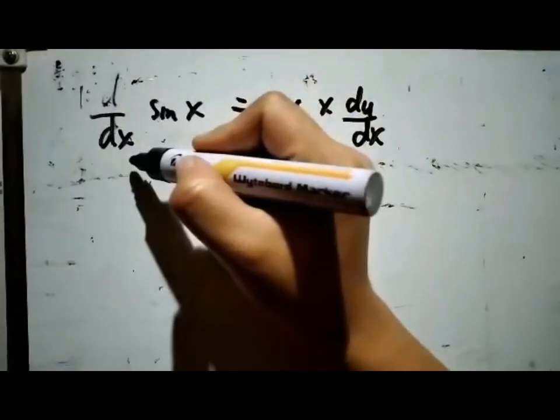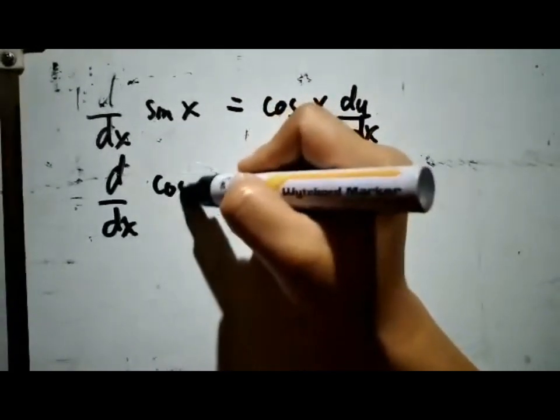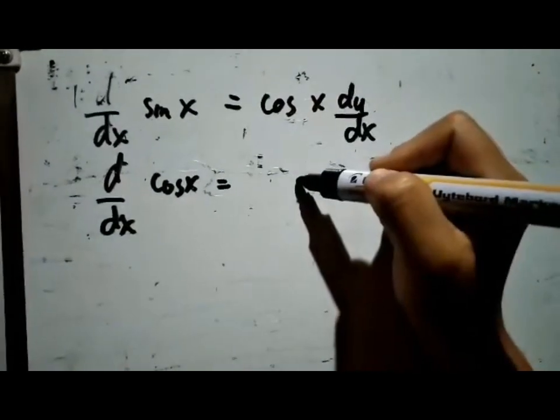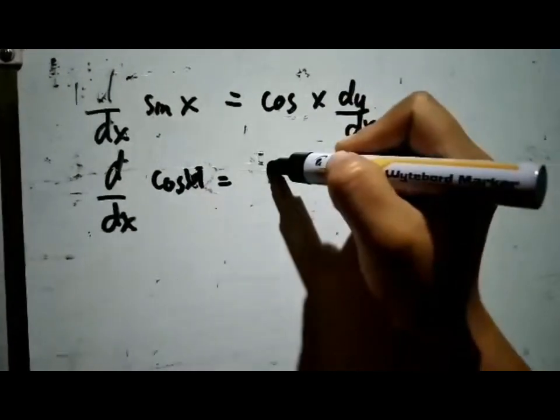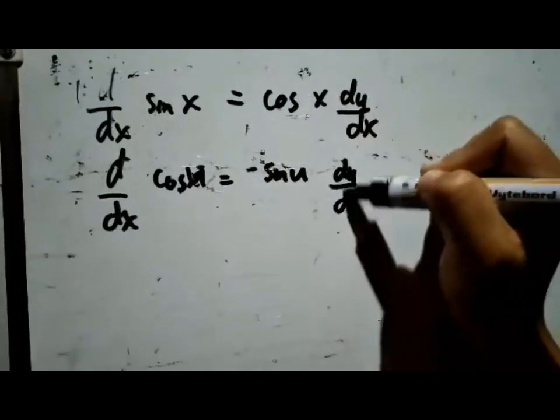And the derivative of cosine u is negative sine u du over dx.